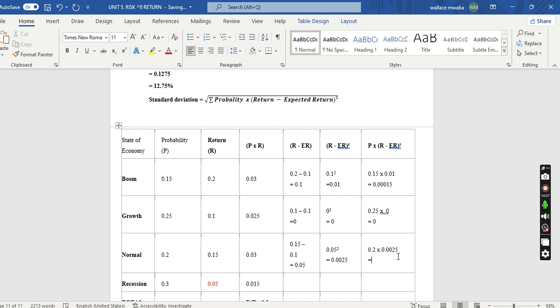So I was just here where I was cut off. It was here where we were saying multiplying the probability by the square of the return minus expected return.